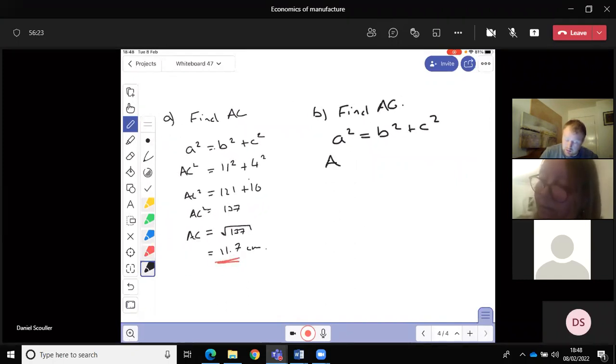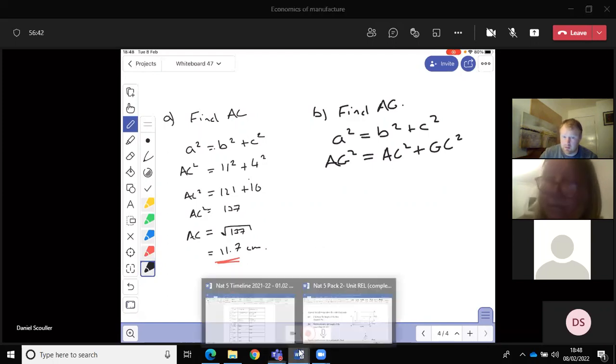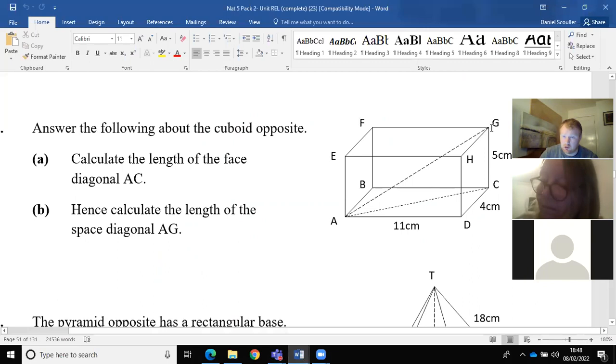Your hypotenuse this time is your AG squared. If you want to put the rest of the lettering in as well, the bottom side is going to be your AC squared, and the other short side is going to be GC squared. Does that make sense to everyone? Happy with that? GC is just the name of that line there. That's your 5. AC is what we've just found out, that's your bottom one. So just substituting all those numbers in.